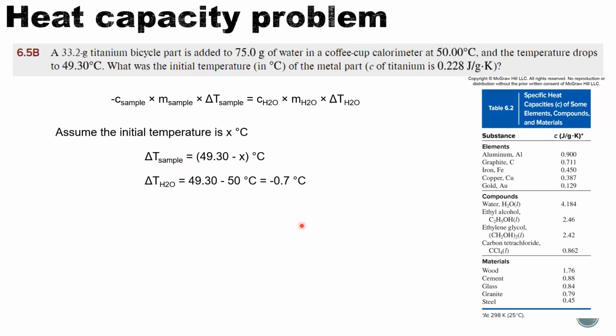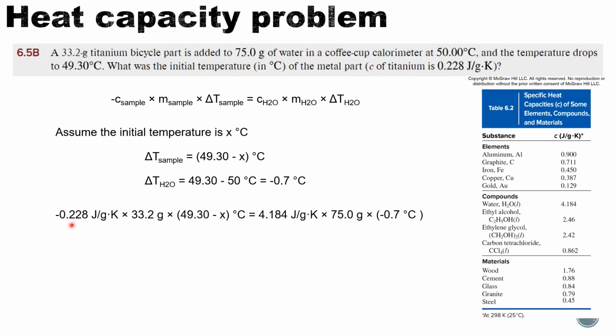So for all of these calorimetry problems, the sign is something worth paying attention to. So don't mess up with the signs. Remember, delta T is always final minus initial, and that's it. Okay, so plug in the numbers.